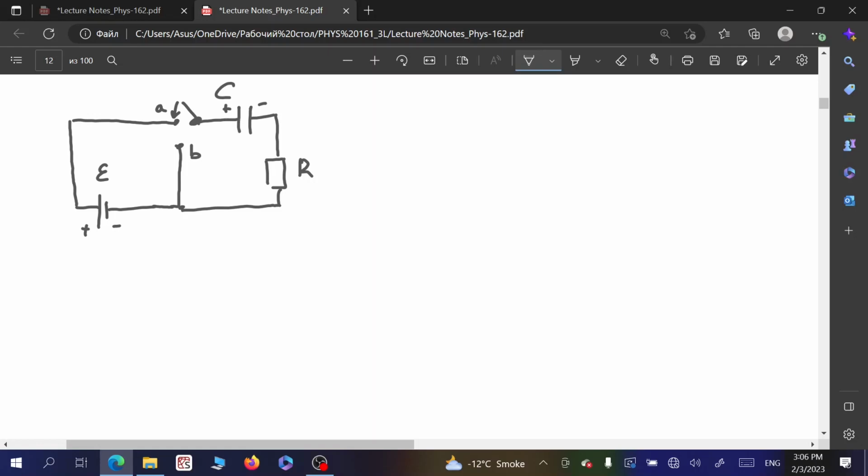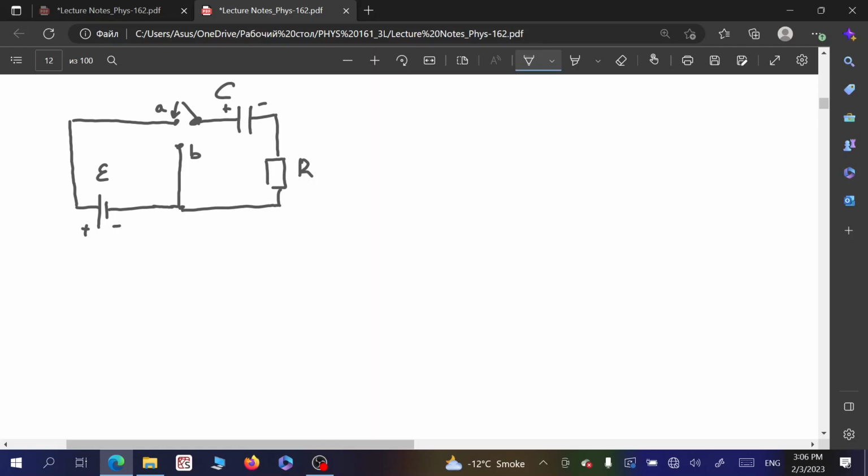So why is it not constant in magnitude? Why don't we have a constant in magnitude electric current in this circuit? We discussed this last time. Any suggestions? Because we charge the capacitor. Yeah, so we can claim that here is an open circuit.